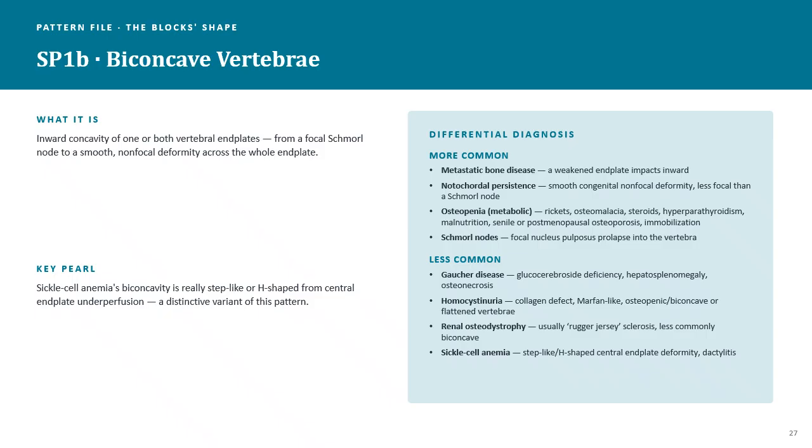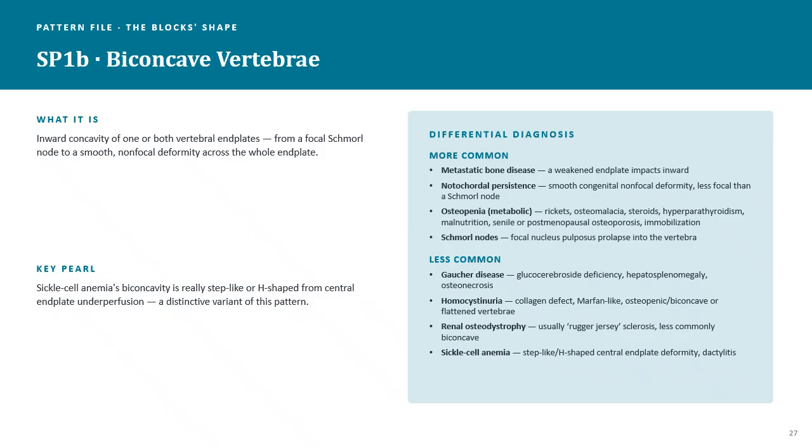Now, this can happen when the bone becomes weak, such as when a patient has osteoporosis or some other metabolic bone disease, or it can also happen when part of the disc starts pushing into the vertebral body, something that we can see with Schmorl node. One of the patterns that you should recognize is sickle cell disease.